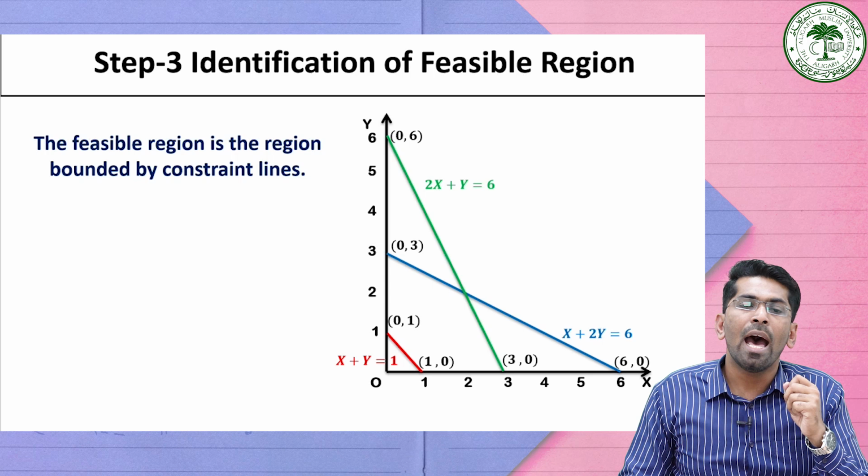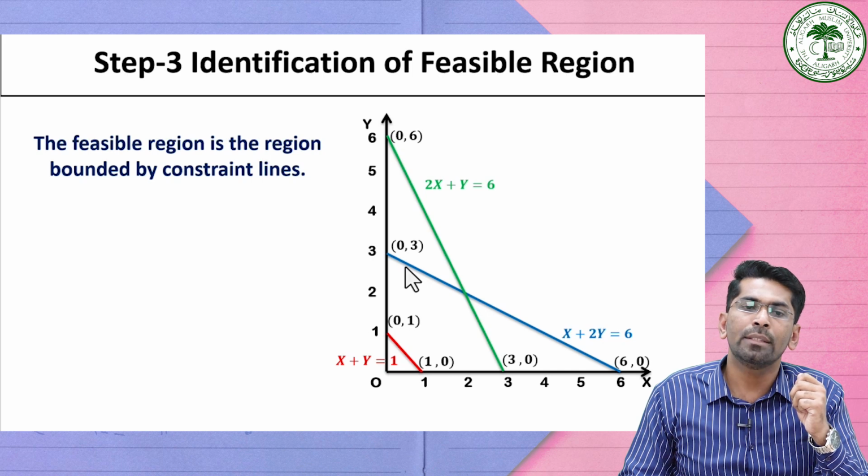See here, 2 of our constraints have the less than or equal to sign. The constraint number 2, represented by the blue line, and the third constraint, the green line, show that the inequality sign is less than or equal to.